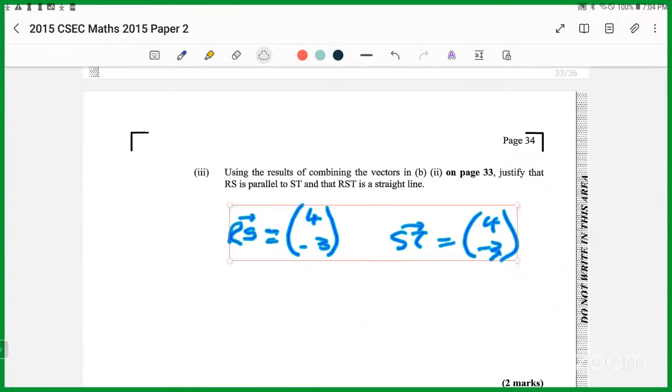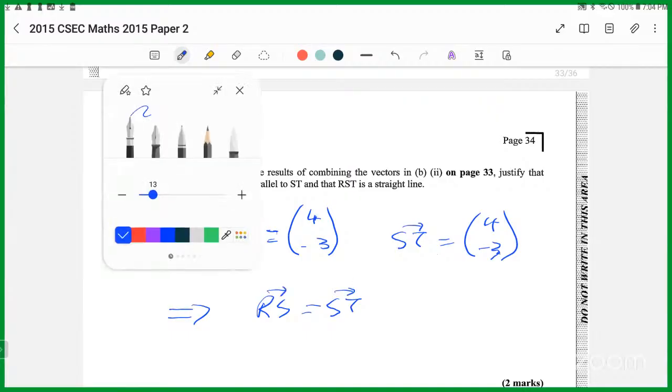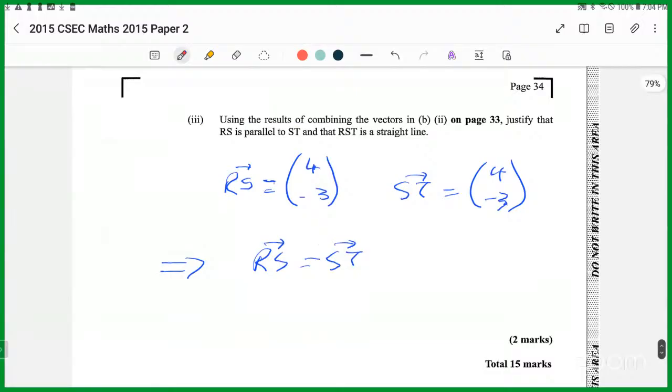Because they have the same thing, it implies that RS is equal to ST. So what do we have here? We have equal vectors, and also a common point. Equal vectors are also parallel. So we have parallel vectors because they're equal.